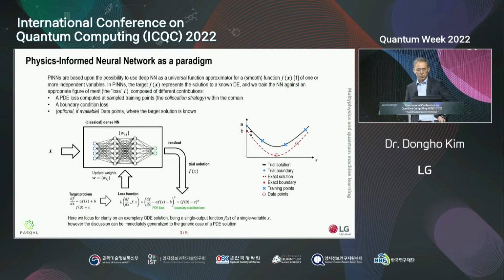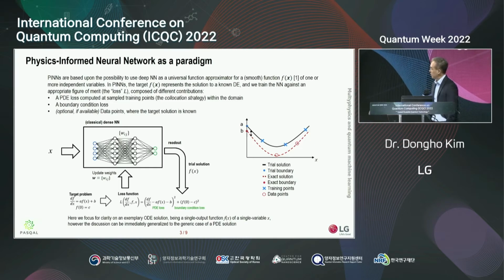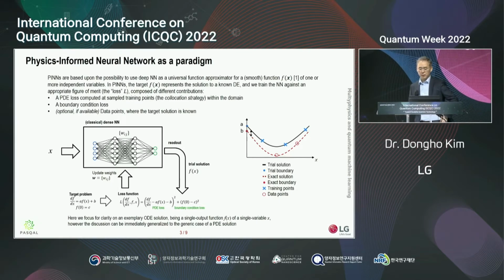So let's briefly explain the physics-informed neural network. This is also a very recent area. The approach is to apply a neural net to resolve the differential equation. On the right side, you can see a graph.